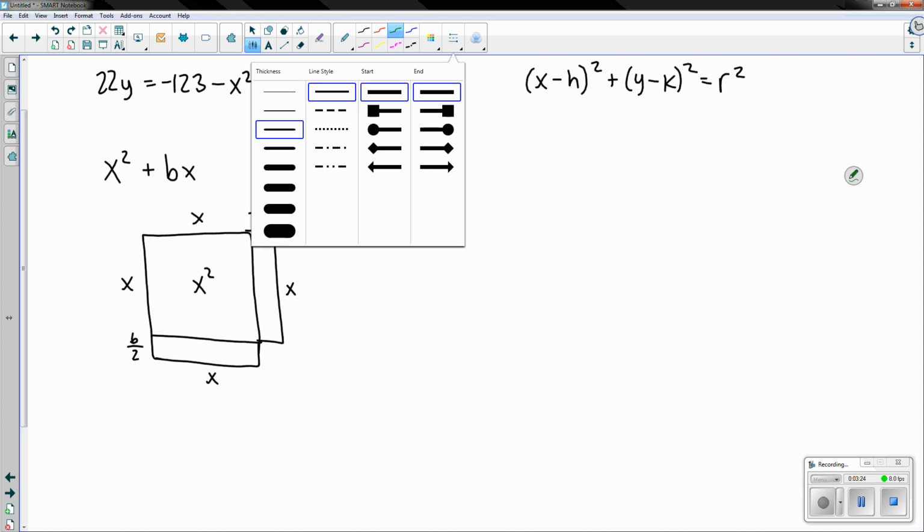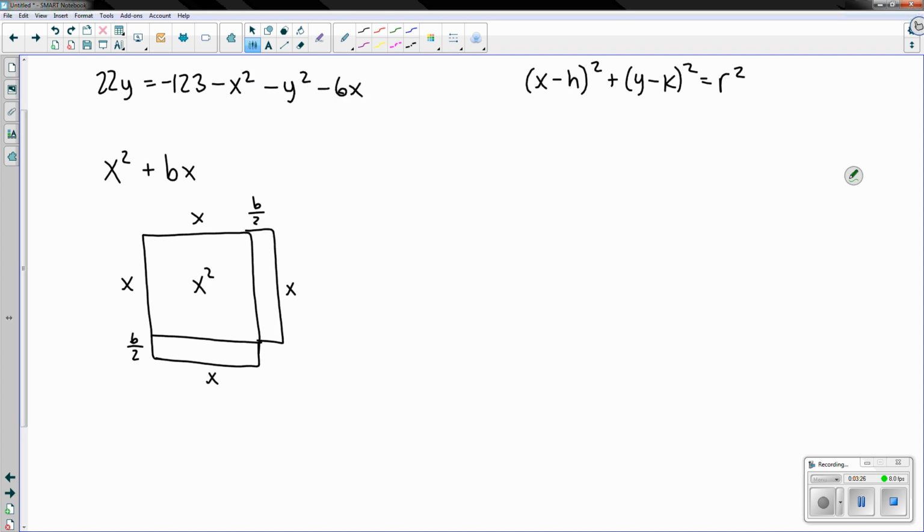So you can see what we have now is this square and two rectangles. And what we are interested in is how do we complete the square that's being outlined in green. So what must we add on to our equation to finish off this square?